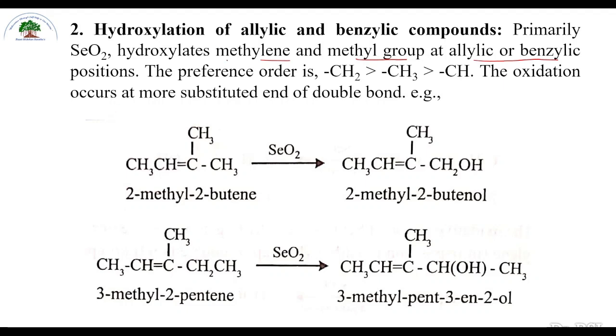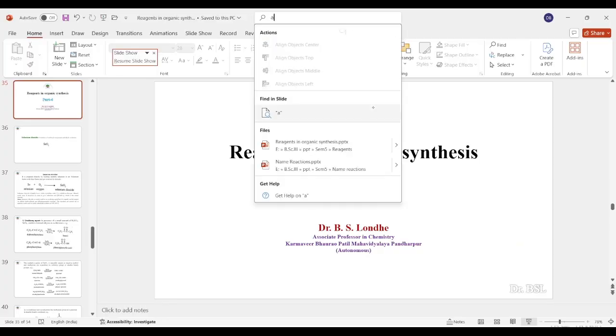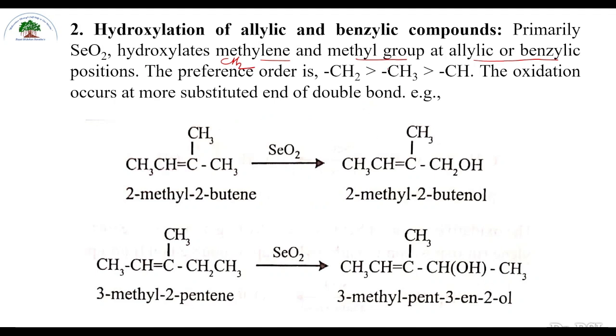So, methylene that we have seen is CH2 and methyl is CH3. The preference order of oxidation, if CH2, CH3 and CH fragments are all present: preferentially CH2 is oxidized first, then CH3, and after that CH is oxidized.